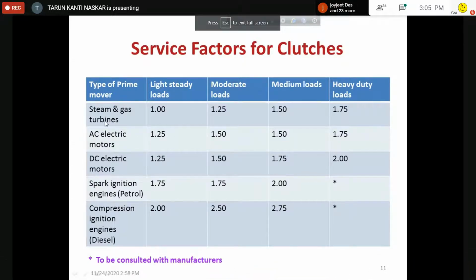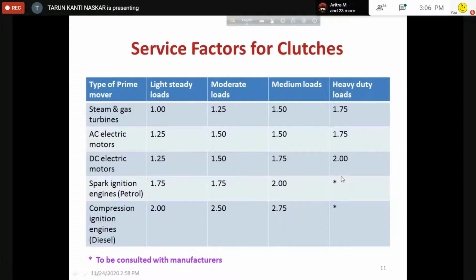Instead of steam and gas turbine, if it is an AC electric motor, then it will be 1.25, 1.50, 1.50 or 1.75. For a DC electric motor, these are the values. For a spark ignition petrol engine, these are the values.